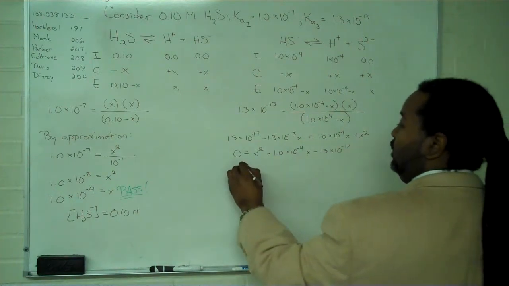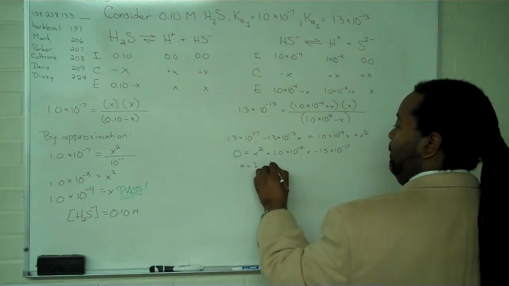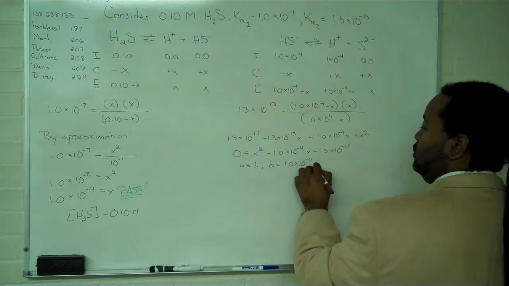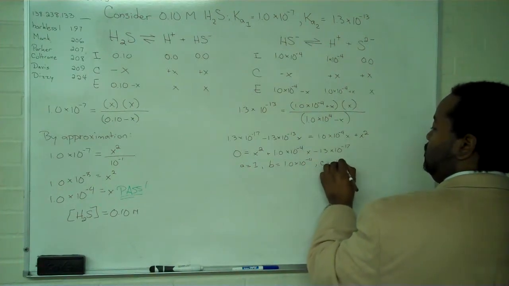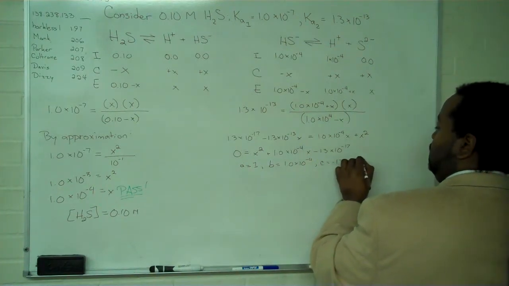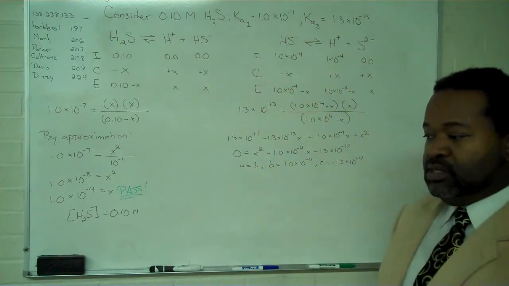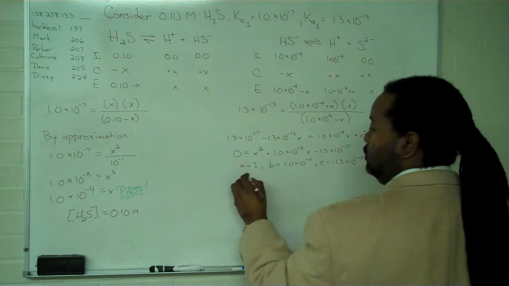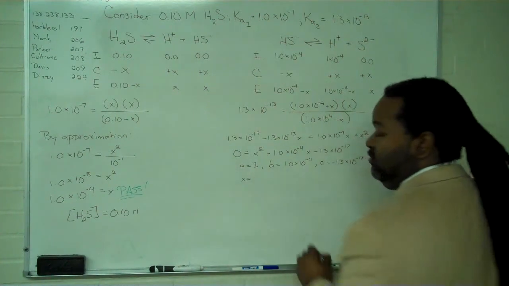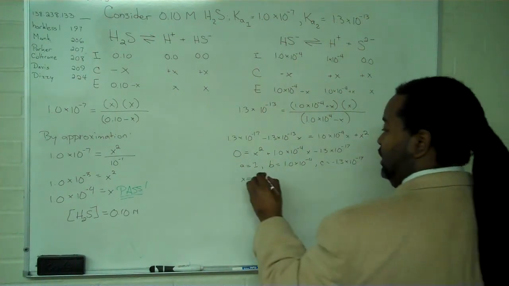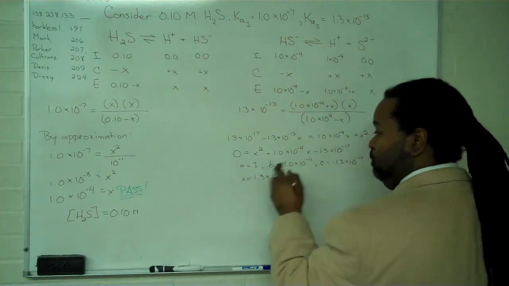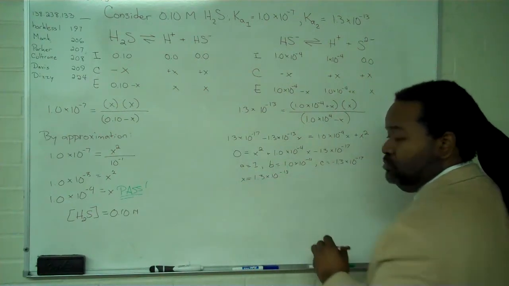So we have a equals 1, b equals 1 times 10 to the minus 4, and c equals minus 1.3 times 10 to the negative 17. And so now if we use the quadratic formula, we find a value for x as 1.3 times 10 to the negative 13.